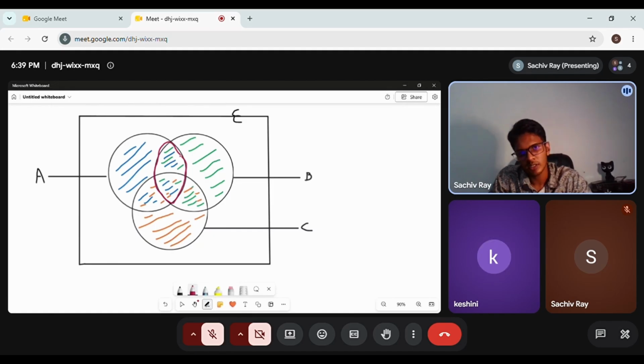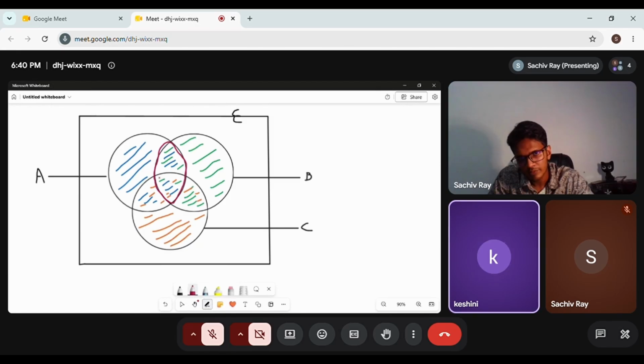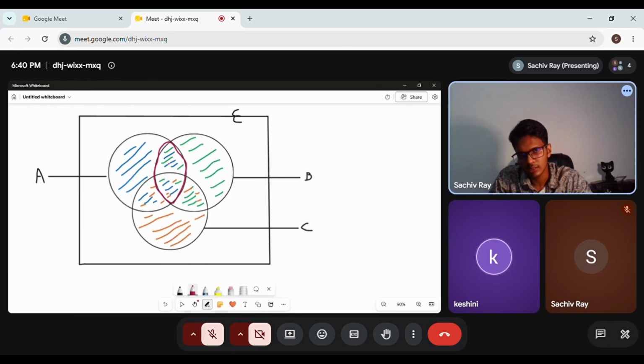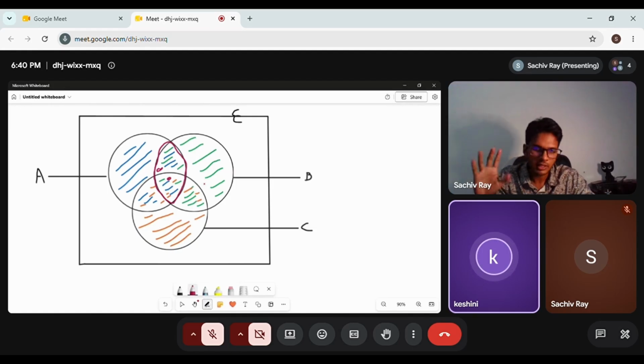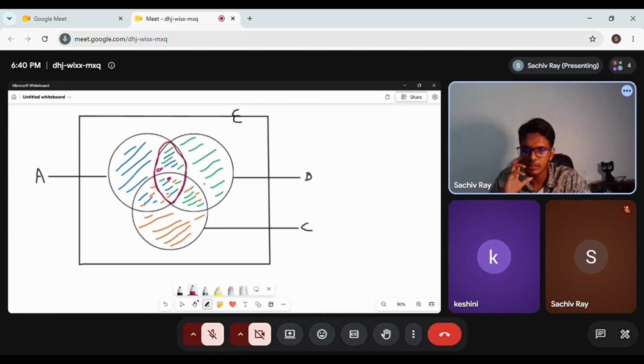Now think of this. The orange part is also there here, right? Yes, sir. But in both these regions, we have selected two parts. Like this is one piece and this is one piece. Think of Venn diagrams like that. Earlier we took only one box, only the bottom part.